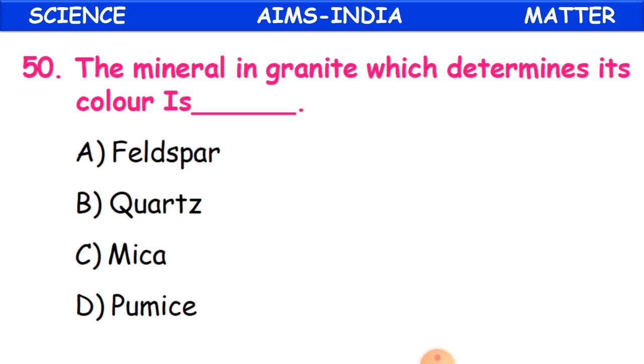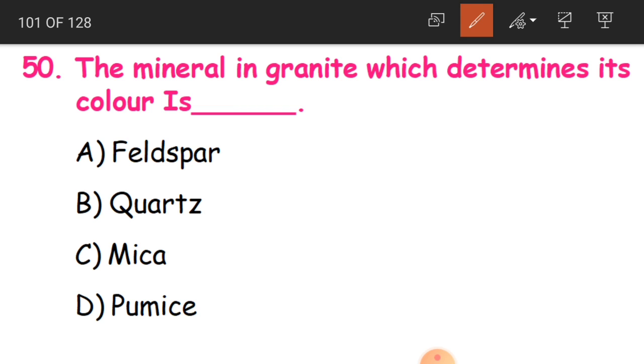50th question, children: the mineral in granite which determines its color is... the mineral in granite. Granite is one type of stone, children, and it has some color, and this color is caused by a mineral.